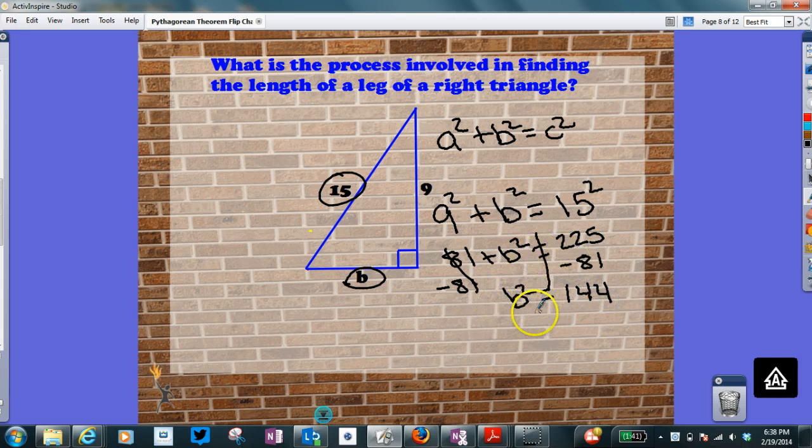Again, I'm not done here, because 144 would definitely be a lot bigger than the actual hypotenuse. Don't forget to take the square root of 144, which equals 12. So I know the measurement is going to be 12.